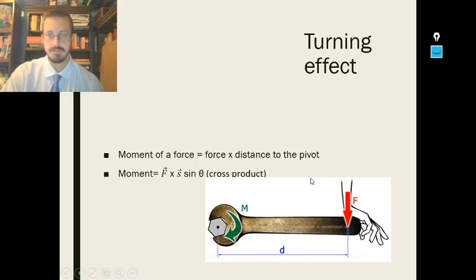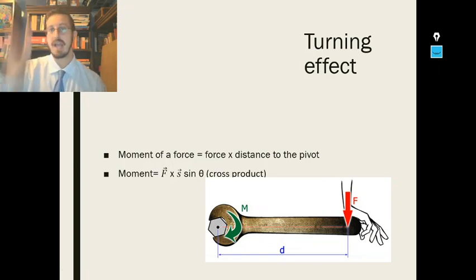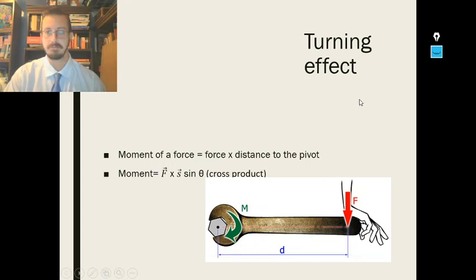A component of force that acts horizontally, either pushes the wrench this way or pulls the wrench out that way, is not going to contribute to the turning effect, right? So only that component that acts at right angles to the displacement, the distance there, is going to be a part of the moment of force and give a turning effect.